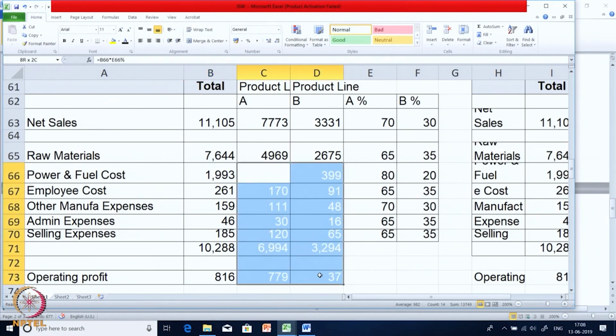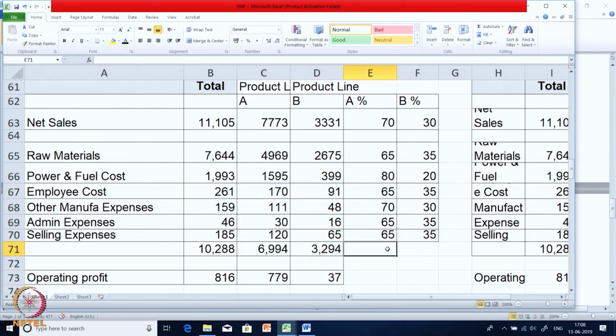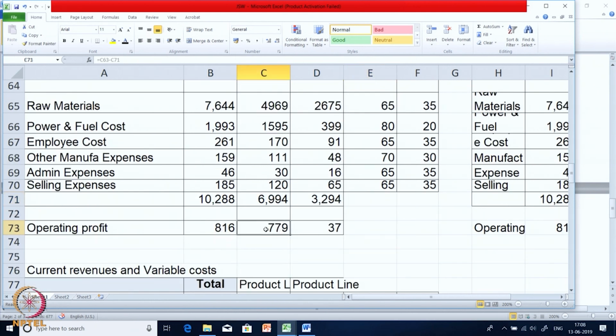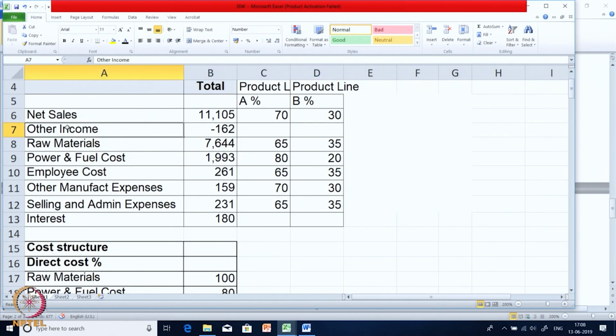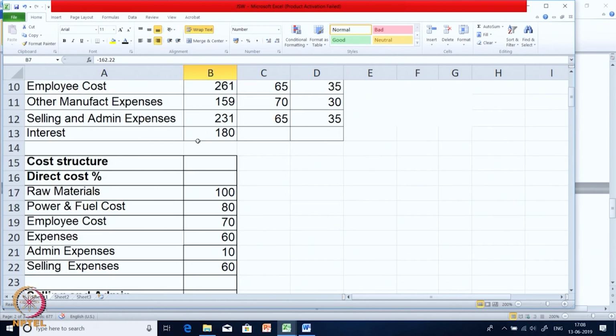Now you can also complete this table for whole of the company without breaking into fixed and variable. This particular calculation will be useful when breakup is only product wise. So they have given a particular breakup, so based on that you can break it down into A and B and compute the operating profit from A and B. Please keep in mind that originally there were two more figures given, that is other income and interest.